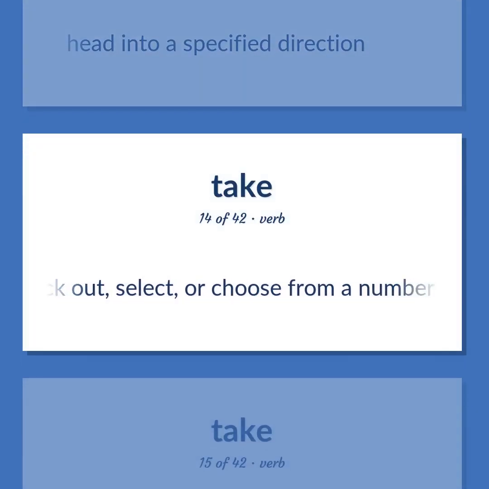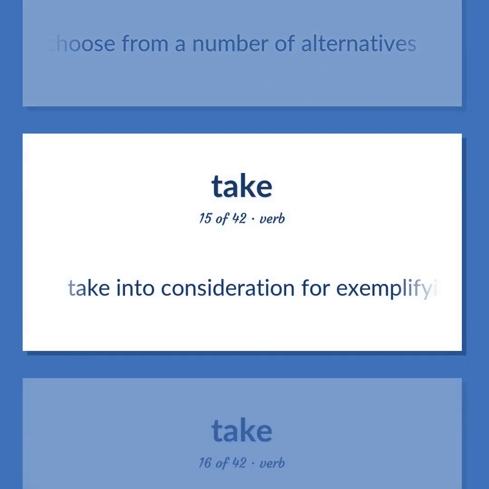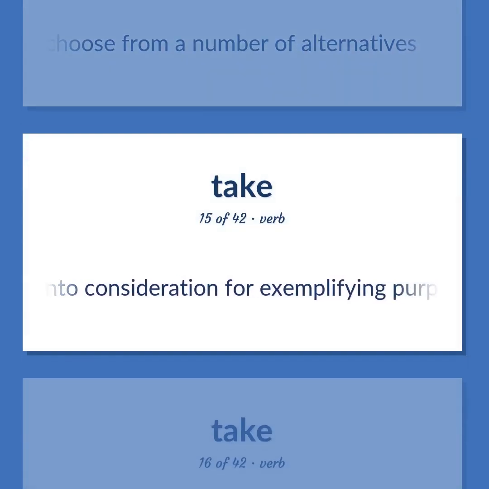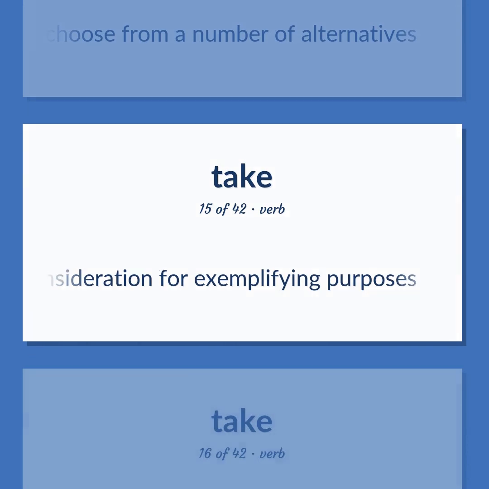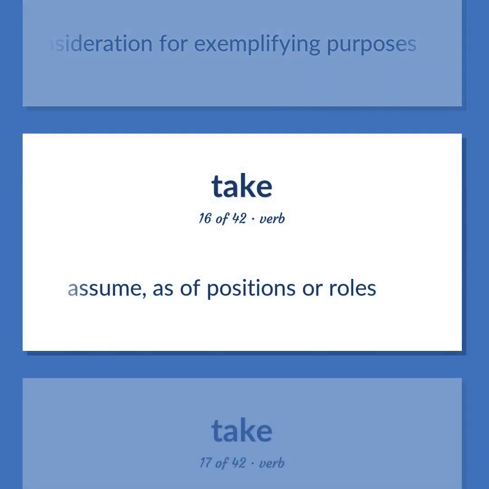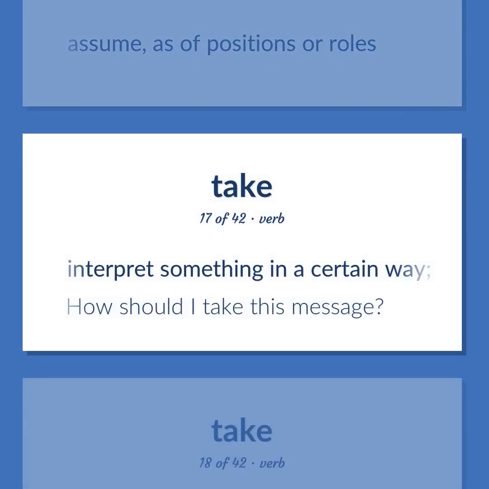Pick out, select, or choose from a number of alternatives. Take into consideration for exemplifying purposes. Assume, as of positions or roles. Interpret something in a certain way. Convey a particular meaning or impression. How should I take this message?